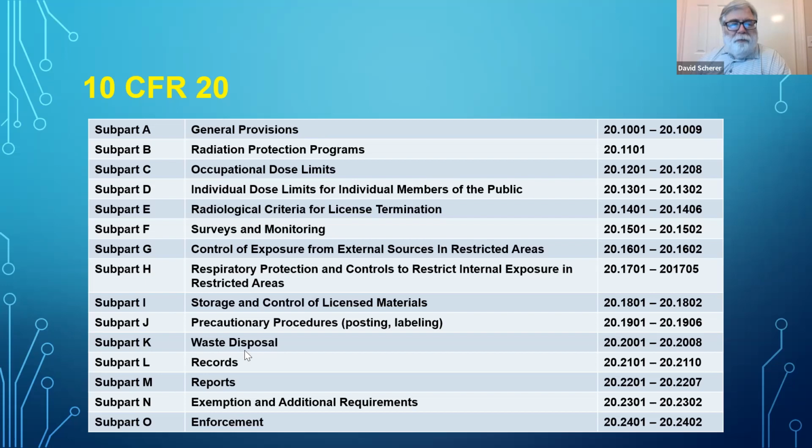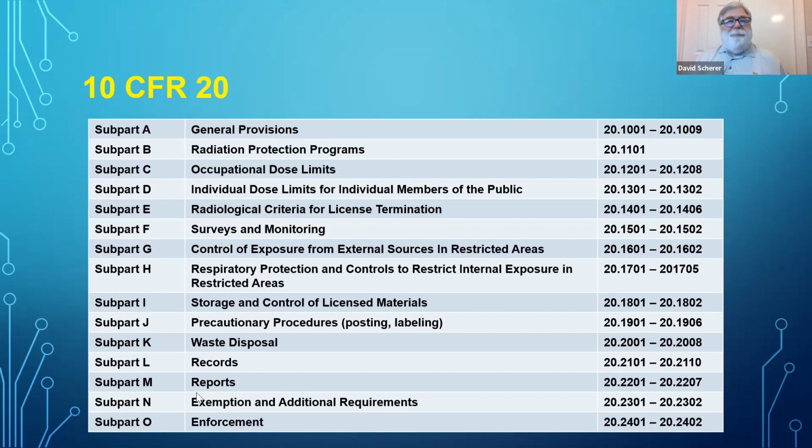Subpart K deals with waste disposal, lots of requirements there. We've had a lot of problems in the history of the US with waste disposal sites. There are requirements associated. Subpart L has to do with records. All those things you did, you have to document and maintain those records for the NRC to inspect. Subpart M is for reports.